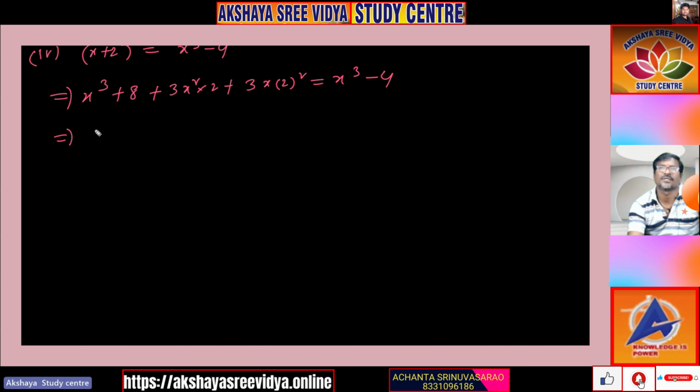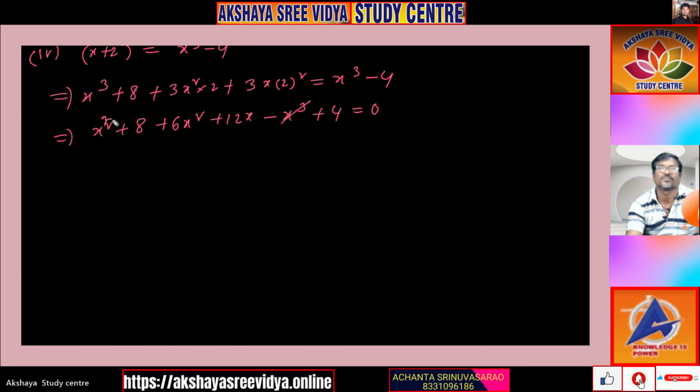This implies x cube plus 8 plus 6x square plus 12x is equal to x cube minus 4. x cube minus x cube cancel.